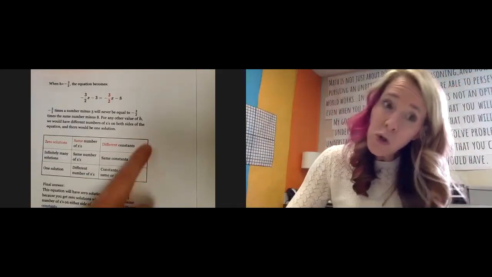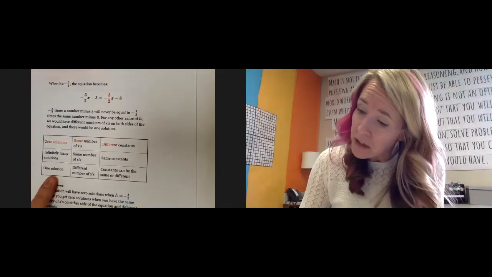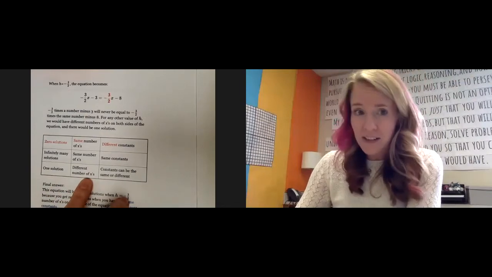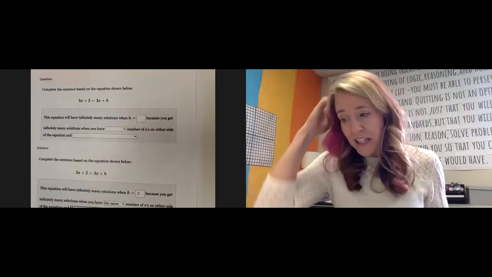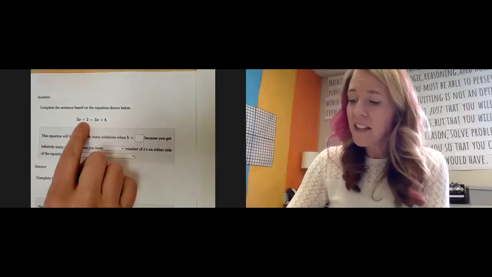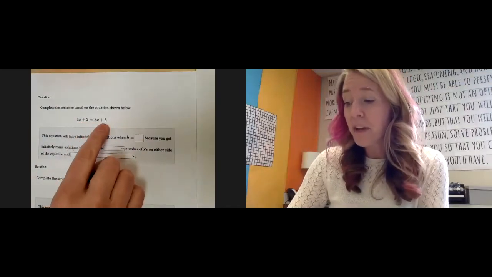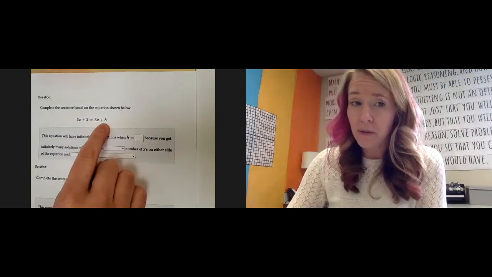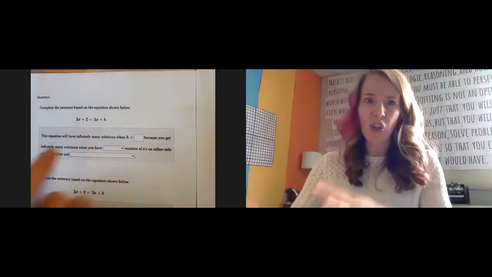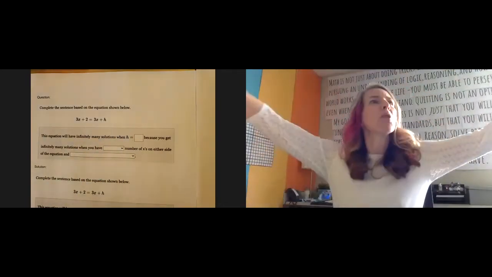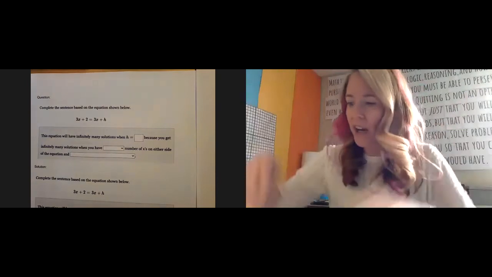This is your little BFF if you don't have notes with you right now and you have to make sense of those problems. We'll do one other example. It says 3x plus 2 equals 3x plus h, and they're looking for infinitely many solutions, so they want any number put in for x to work, okay?